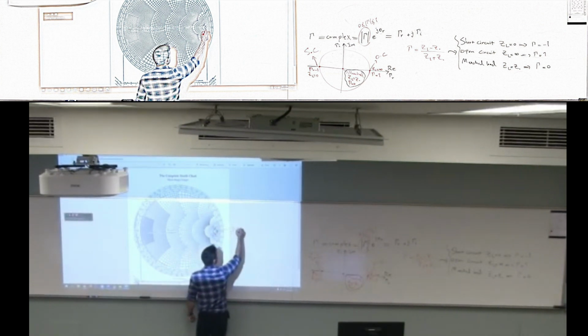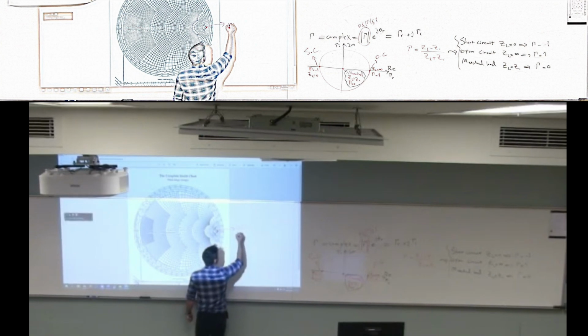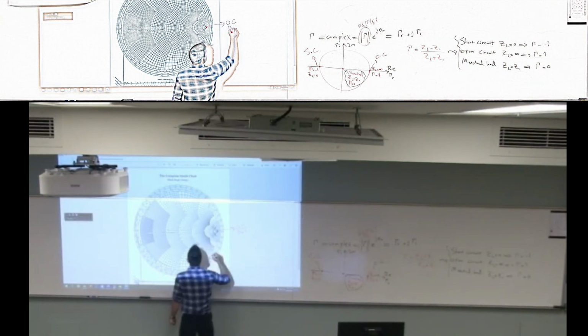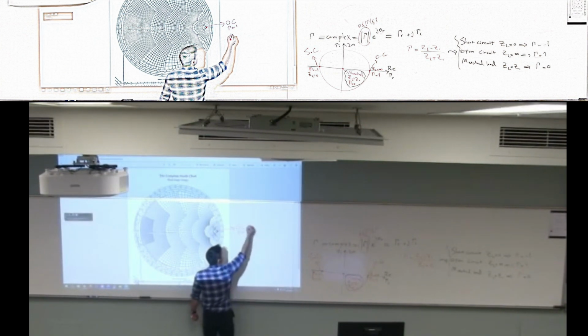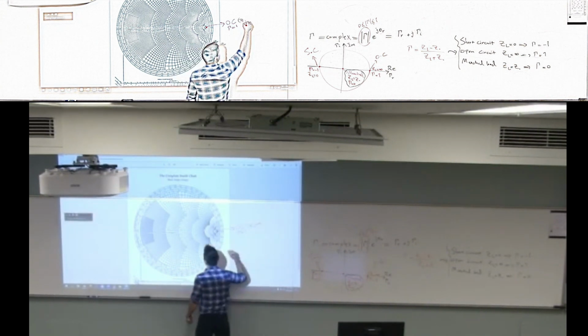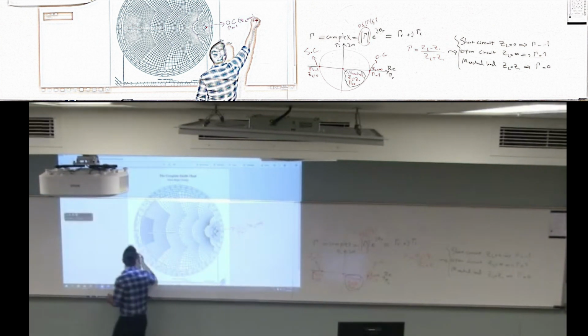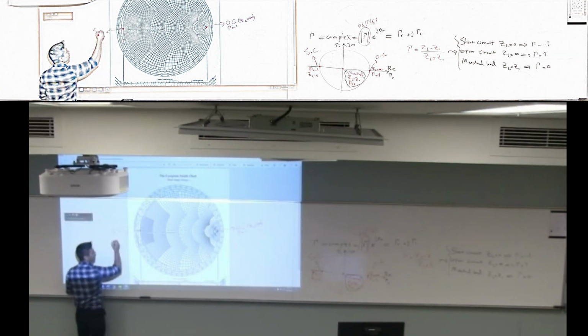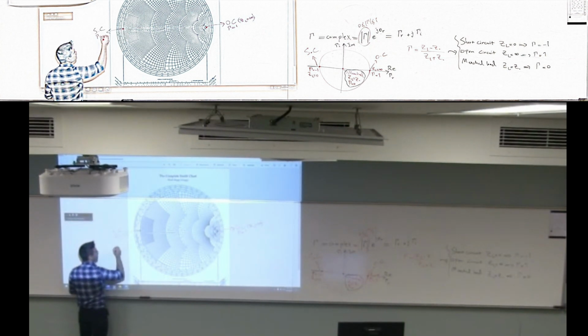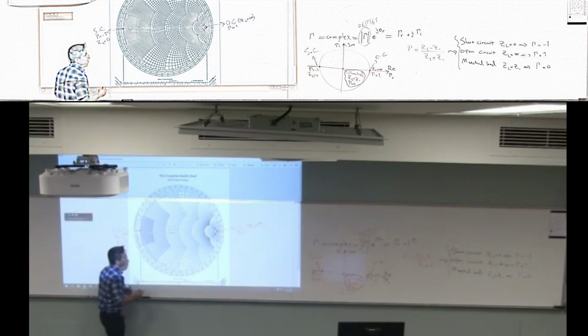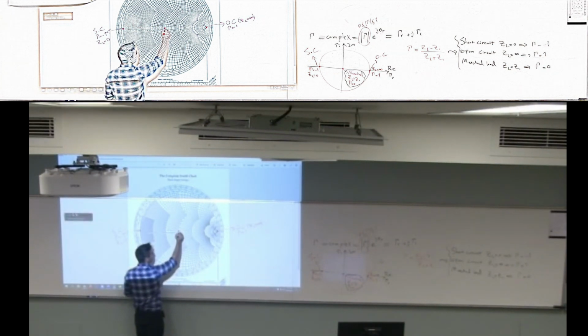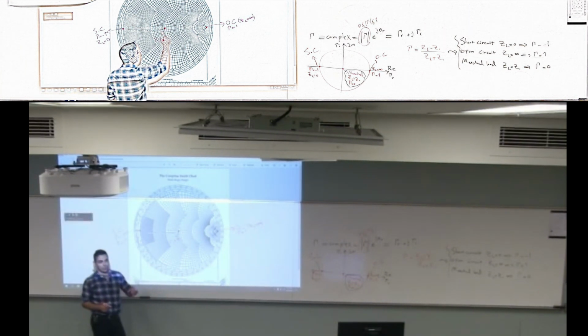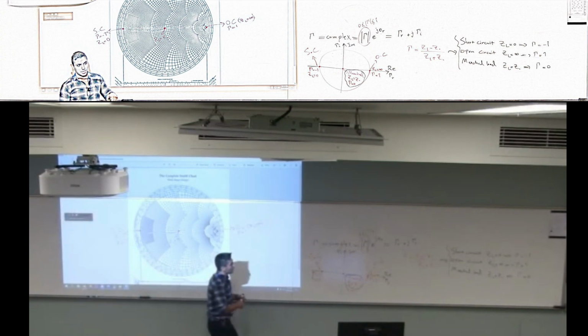This point is open circuit. This is gamma equal to 1. ZL equal to infinity. This point is short circuit, gamma equal to minus 1, ZL equal to 0. This point, ZL equal to Z0. But we are working with normalized ZL.